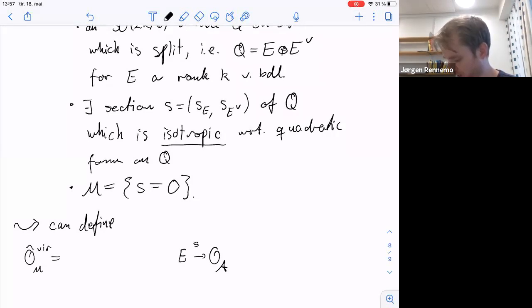You take the section of the dual, and this generates for you a Koszul complex. So you don't quite take that. You also have to throw in some arrows going the other way. So it's the section of E.